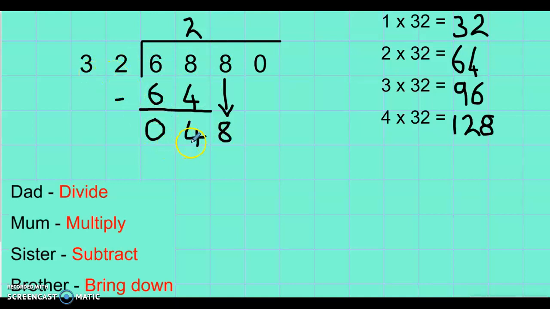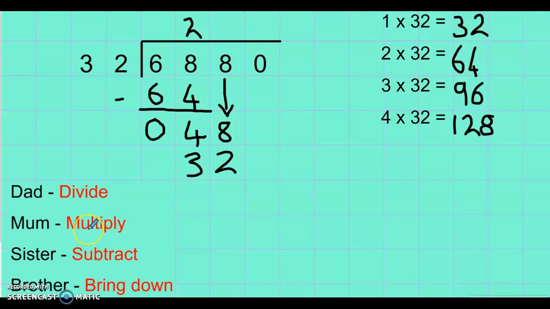How many 32s in 48? We need to divide it. So let's see. 32, we can do that. 64, no, that's too big. So it's going to be 32. We can use up 32 of them, can't we? So we have done 32 of them can be used when we're sharing them out or dividing them.